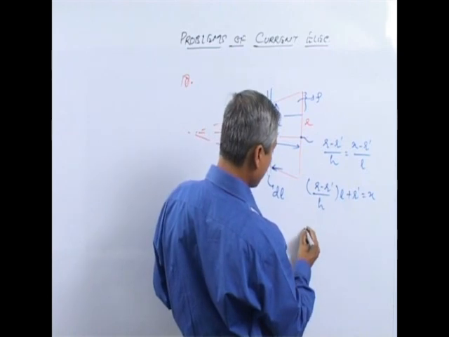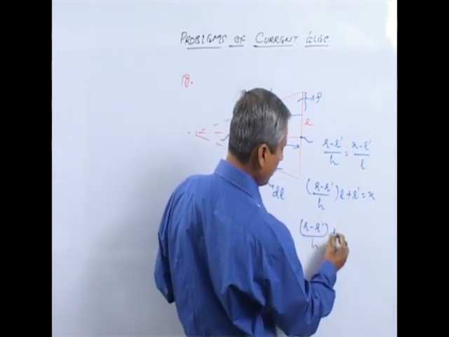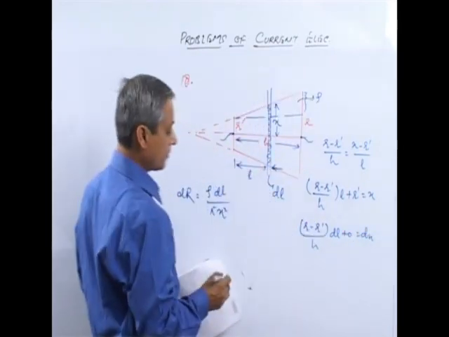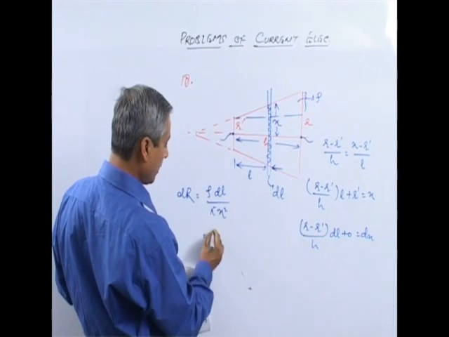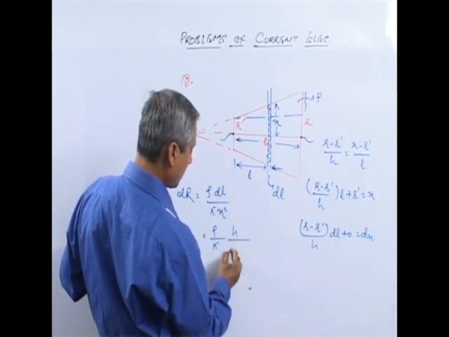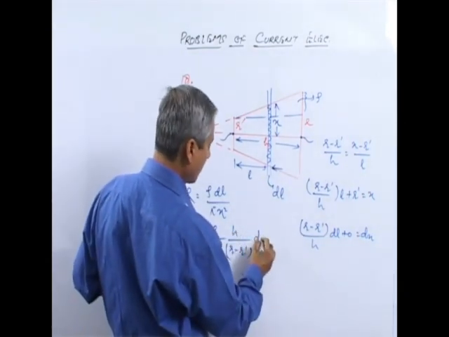Differentiate from both the sides: (r minus r dash) by h into dl plus 0 is dx. So we can put the value of dl, it is rho upon pi, dl becomes h upon (r minus r dash) times dx.